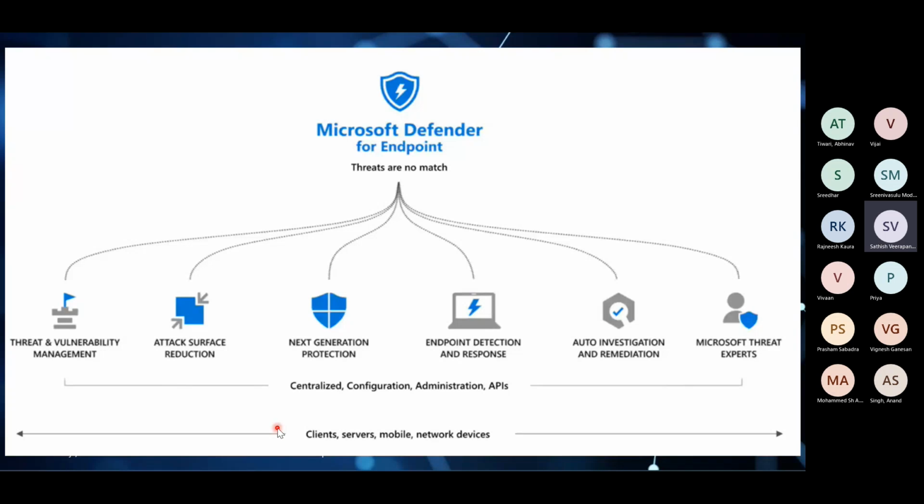And if you have any IoT devices, Microsoft is now supporting onboarding the IoT devices into Microsoft Defender for Endpoint, which is also one of the best options. So keeping all this in mind, it helps you have just one strong security solution that can support the different flavors of the clients and servers running in your environment.